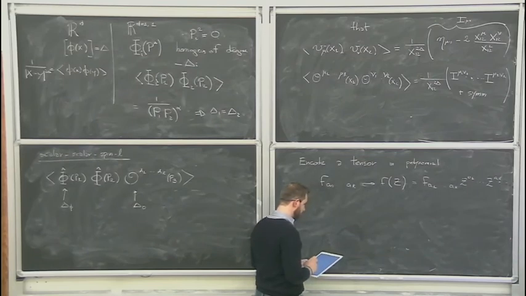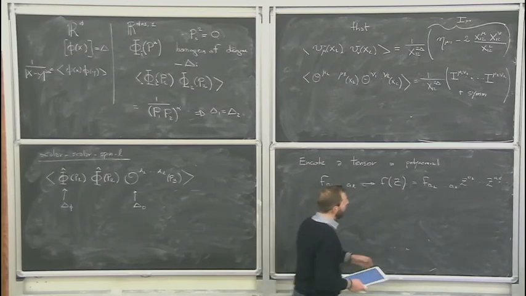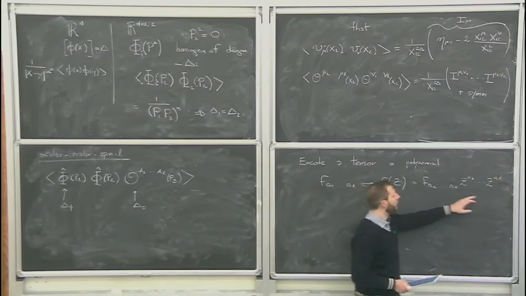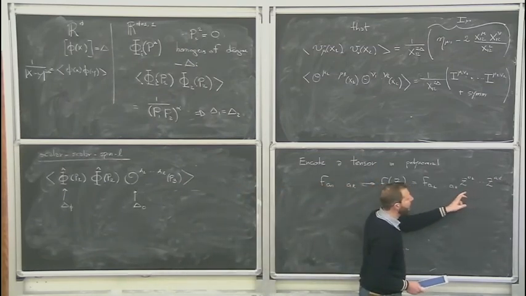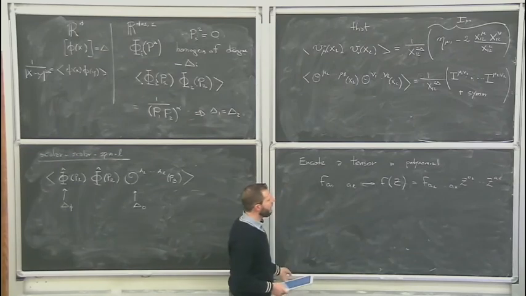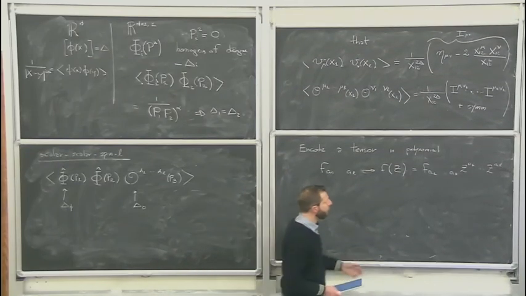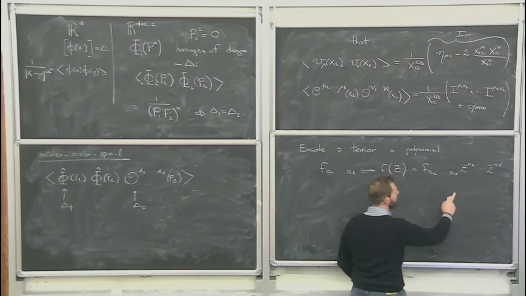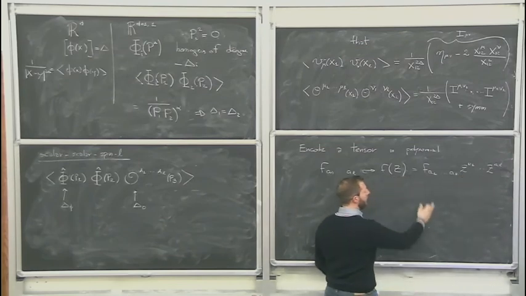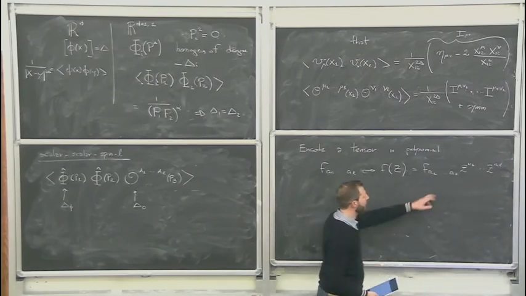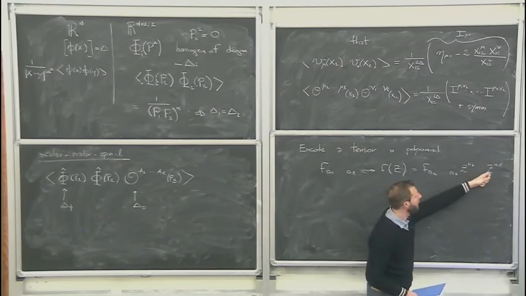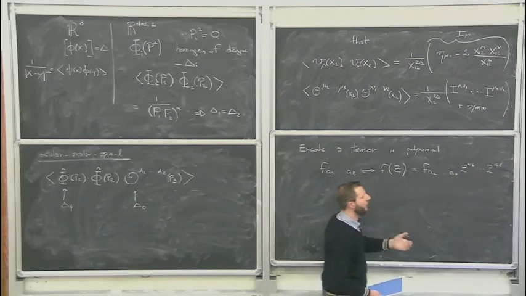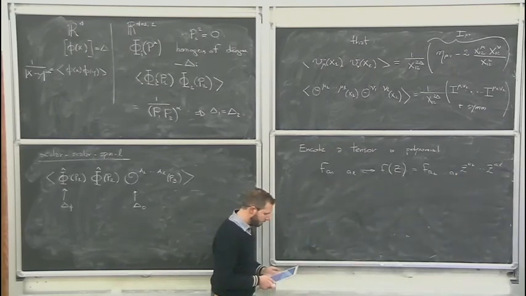This can be done for any tensor. The nice thing about traceless symmetric tensors is that, first of all, because of symmetry, when you contract a tensor with equal vectors, you basically symmetrize implicitly.